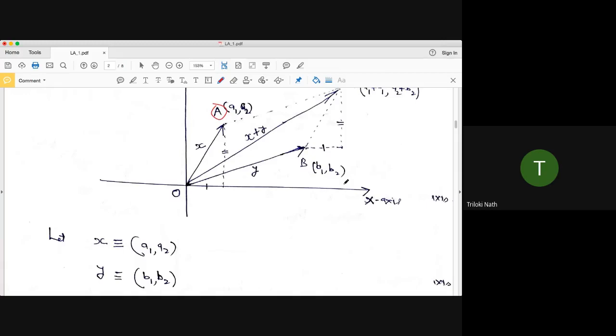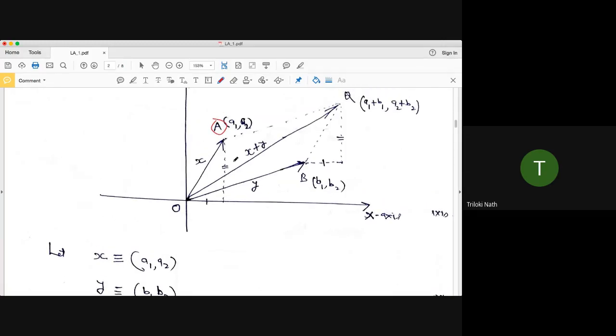Now, by the parallelogram rule, this is a parallelogram, which means this side is the same as this side, and they are parallel. Similarly, this length is the same as this length. What we did is draw this line parallel to the x-axis and this line parallel to the y-axis from Q. Then this length is equal to this length, and this length is equal to this length.